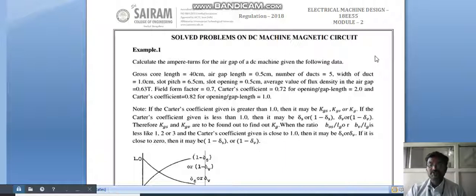When the ratio bos by lg or bv by lg is like 1, 2 or 3 and the Carter's coefficient given is close to 1.0, then it may be delta s or delta v. If it is close to 0, then it may be 1 minus delta s or 1 minus delta v.